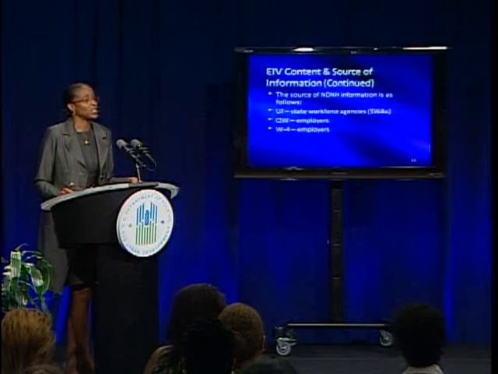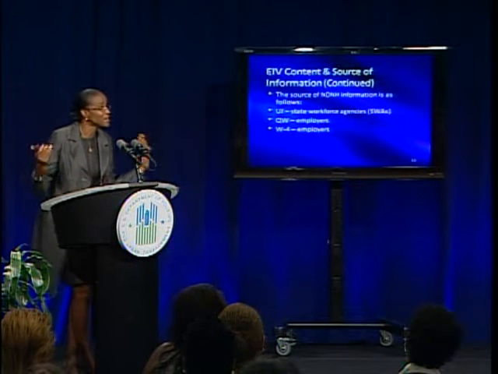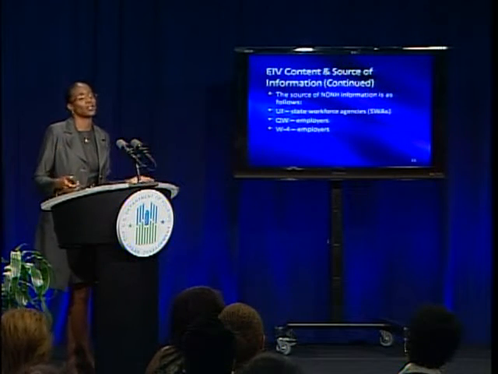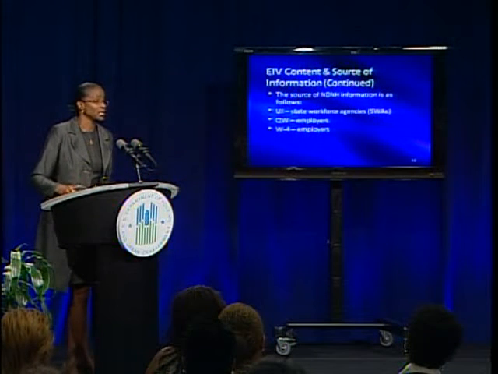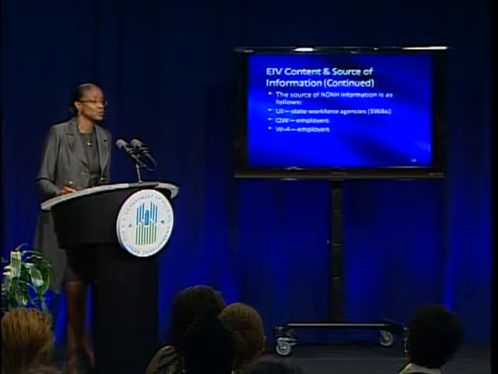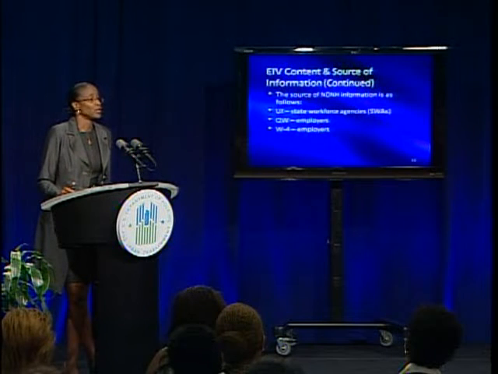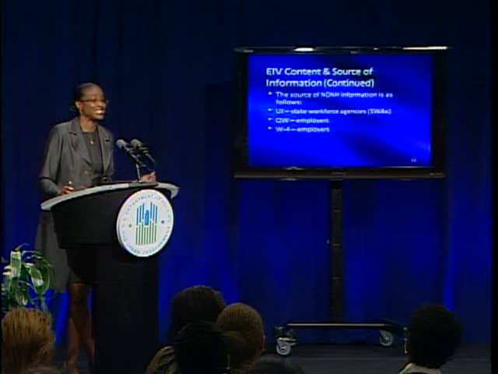Your quarterly wage information comes from the employers. The employers are required to report information with respect to quarterly earnings and wage information for each individual on the payroll. And then again, your W-4 information, the source is the employer.